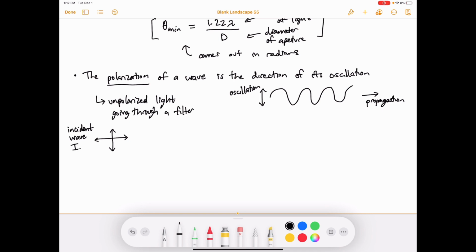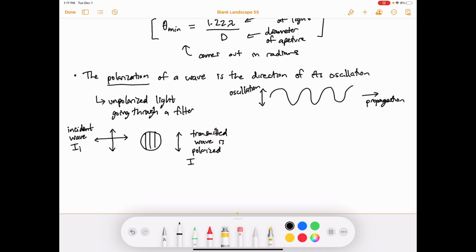The intensity is I_I. It goes through a filter. We show the axis of the filter with a set of lines like this. So the light that gets transmitted is completely parallel to the filter. What gets blocked is the light that's perpendicular to the filter. Anything that's polarized perpendicular to the filter gets blocked out, so we're only left with this transmitted wave, which is now polarized along the filter.